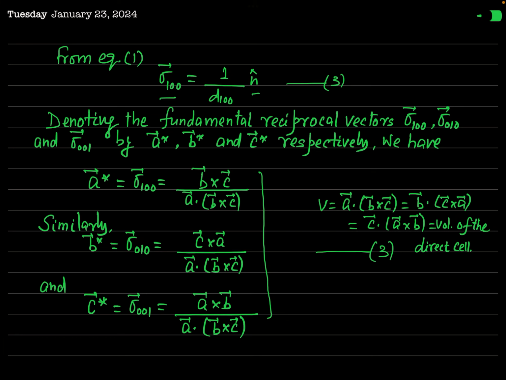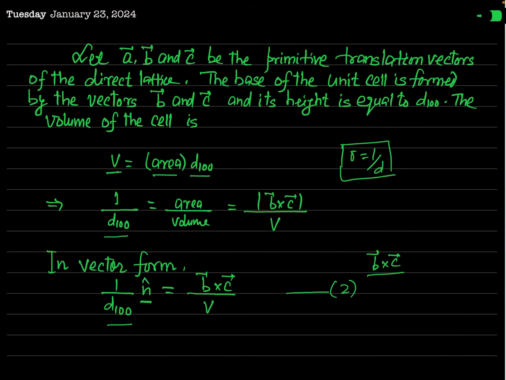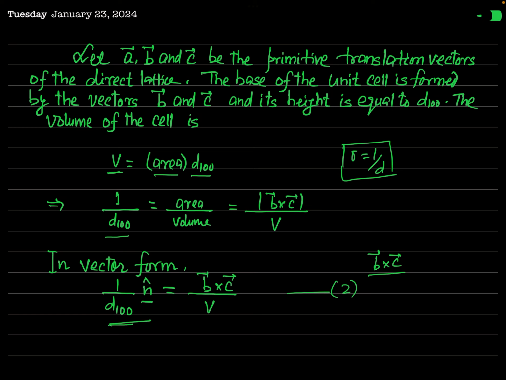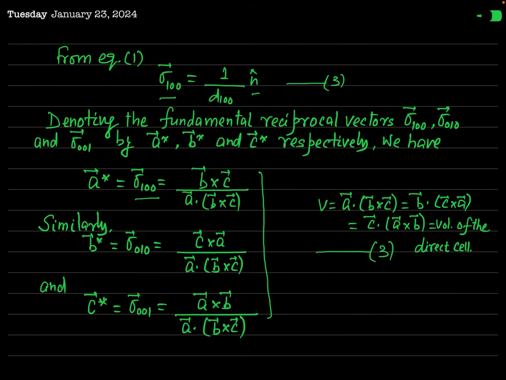And therefore from these two equations, that is equation number 2 and equation number 3, you can easily say what this sigma 1 0 0 will be. For this sigma 1 0 0, this will be B cross C over V. But you know that the volume of this unit cell is equal to what?